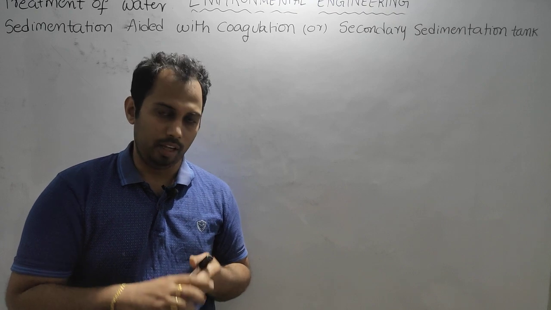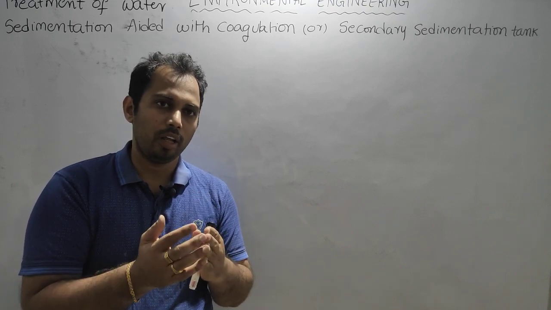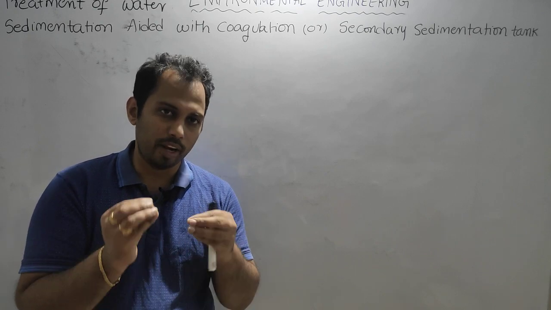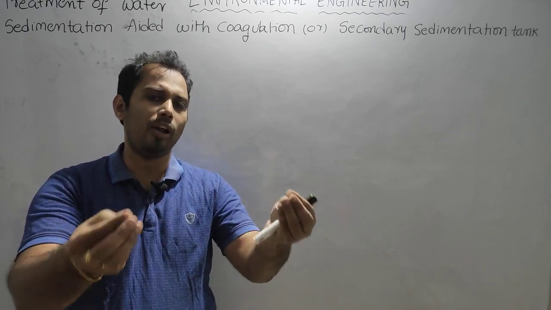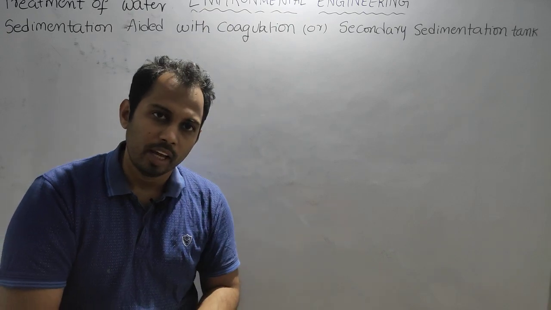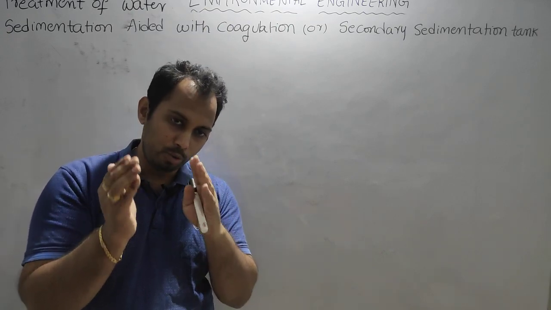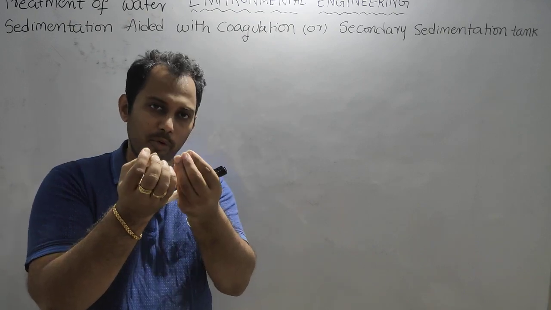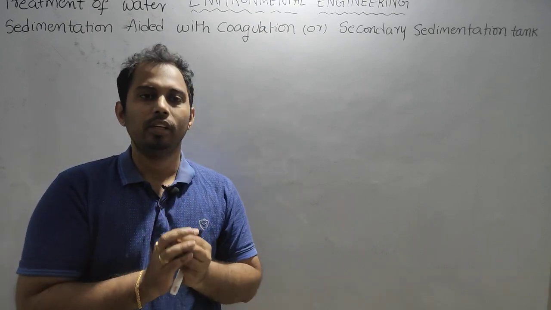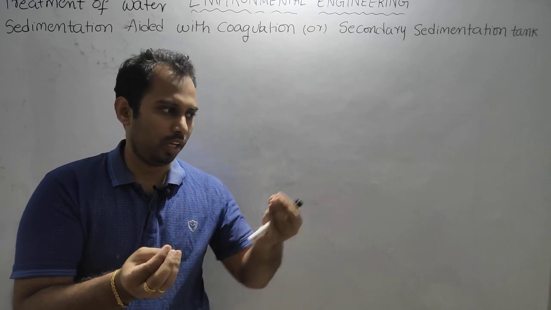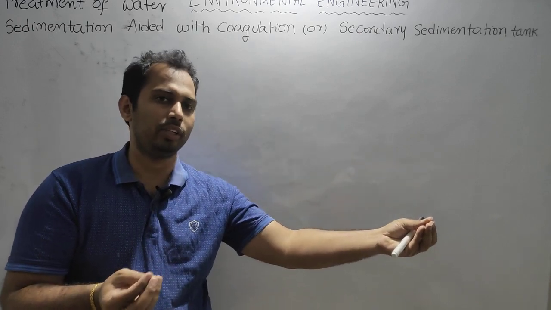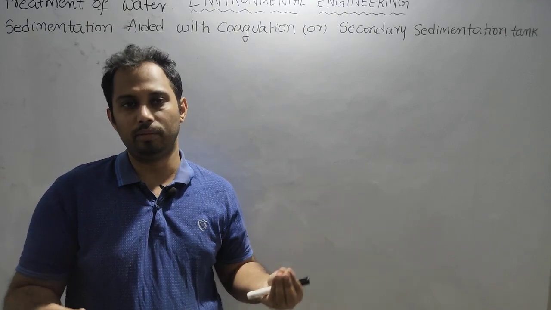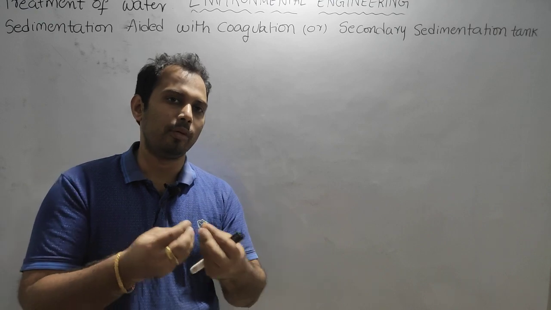Are you getting what I am saying? In raw water there are finer particles and water. If you want to remove the finer particles, you need to bring all the finer particles together, and during this process their weight will increase so that they can get removed under gravity. But this finer particle is negatively charged, and this finer particle is also negatively charged. How will these two come together? Because they repel each other, they won't come together.